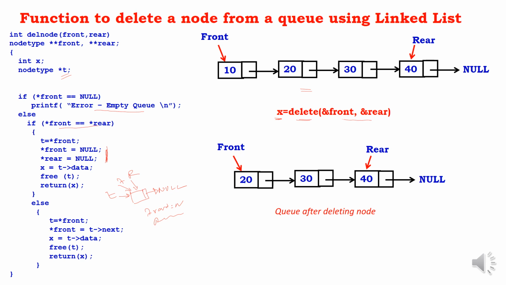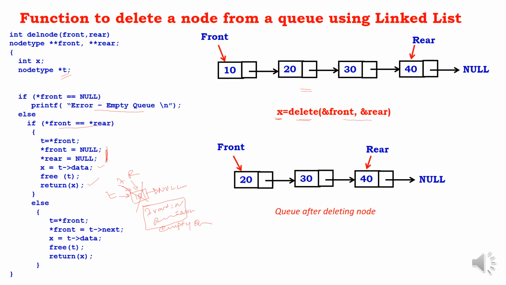Then T data will be assigned to x. So suppose the data is 10, 10 will be assigned to x, and free T, so the node will be removed, and x will be returned. So if there is only one node, after deletion, front becomes null and rear becomes null, so that it becomes an empty queue.